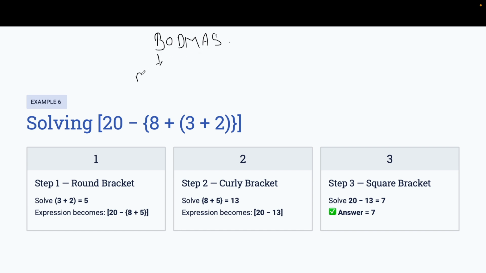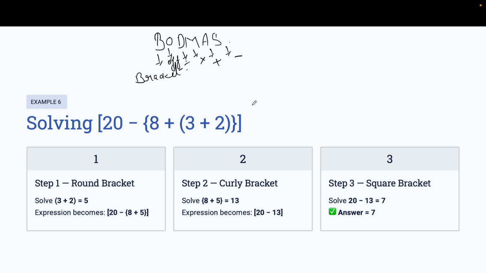Bodmas: Brackets, of, Division, Multiplication, Addition and Subtraction.